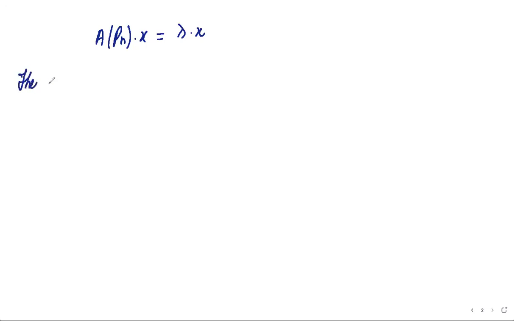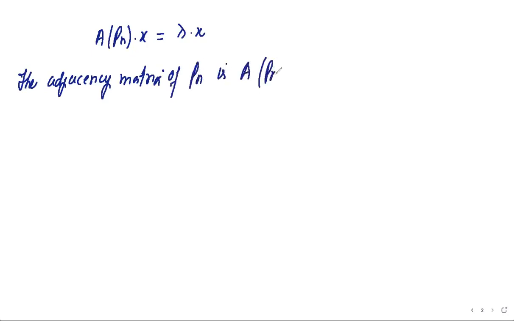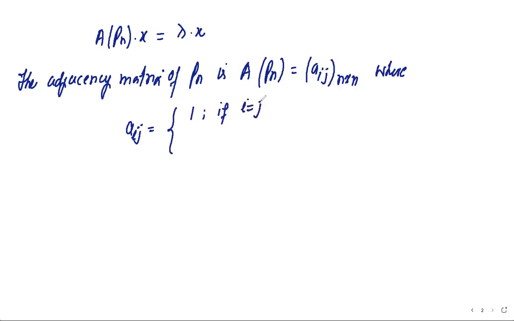The adjacency matrix of path Pn is A of Pn, which is an n cross n matrix A ij, where A ij is equal to 1 if i is equal to j plus 1 or j is equal to i plus 1, and this is equal to 0 elsewhere.